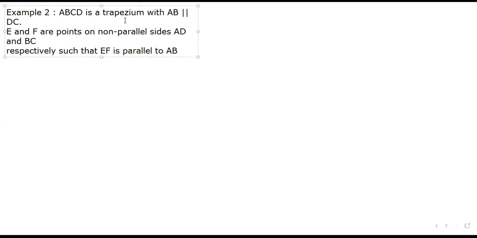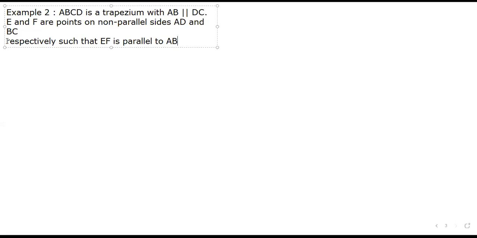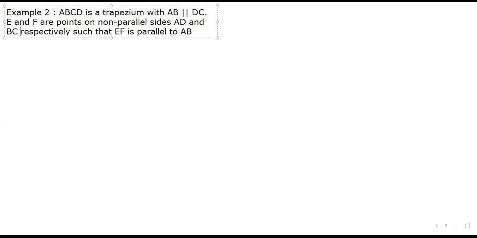ABCD is a trapezium. Show that E and F are points on the non-parallel sides, AD and BC respectively, and EF is parallel to AB.